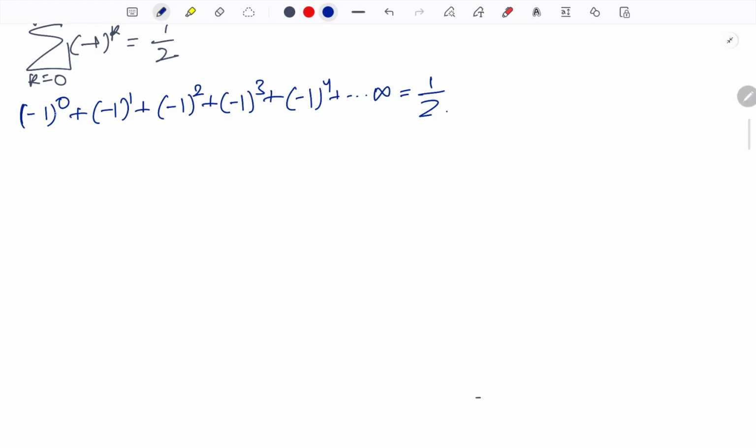So what's (-1) to the 0? It's just 1. So 1 minus 1 plus 1 minus 1 plus 1 minus 1, and so on, is 1 over 2. And when you look closely, this is cancelling out, this is cancelling out, and so on.